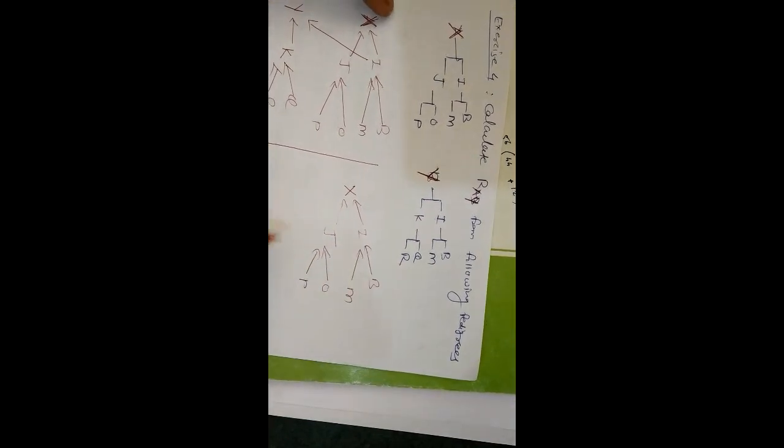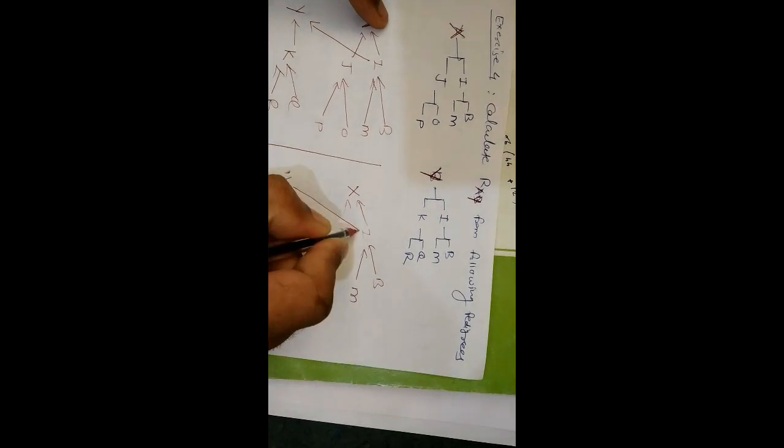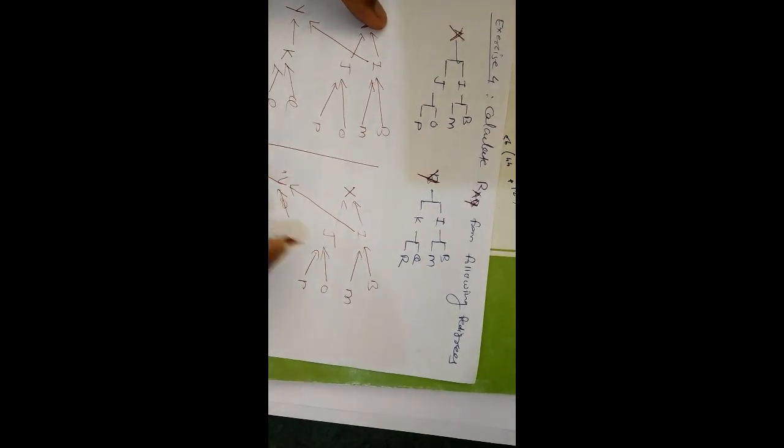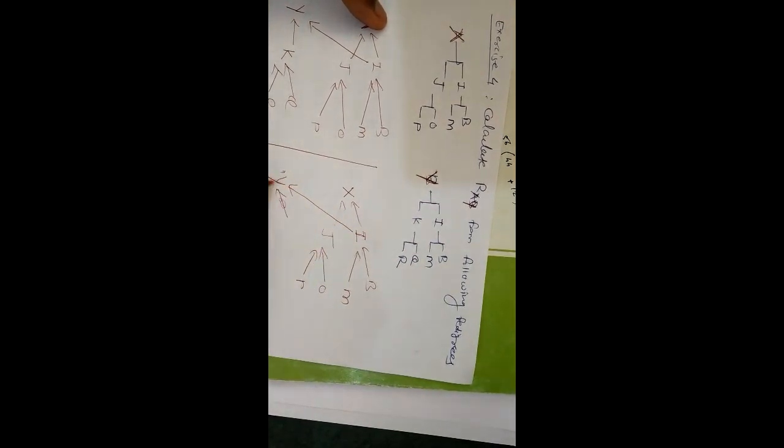Okay, again I repeat the same. X, parents are I and another parent J, here it is B, here it is M, here it is O, here it is P. Another individual Y, one parent is I, so it is a direct path towards the progeny.